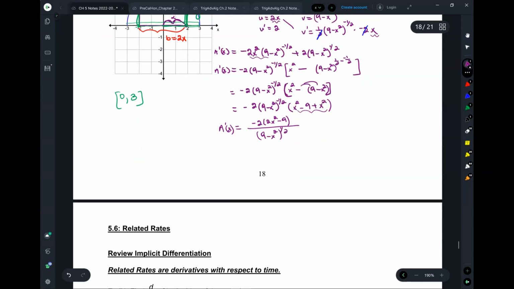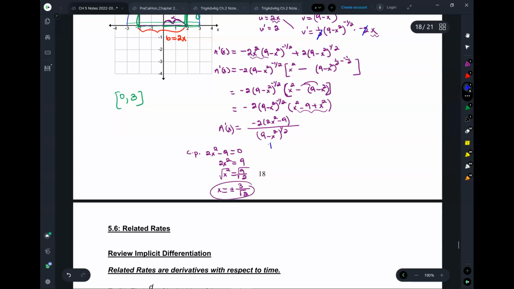Remember, there are 2 ways to find critical points. The first way is to set the numerator equal to 0. So x squared equals 9 over 2. Take a square root. x is plus or minus 3 over root 2.